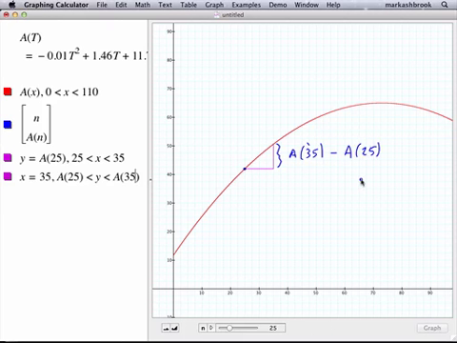He's saying the length of that is A of 35 minus A of 25. And that represents how much the attendance went up as the temperature changed from 25 to 35. Is this the same as A of 10?